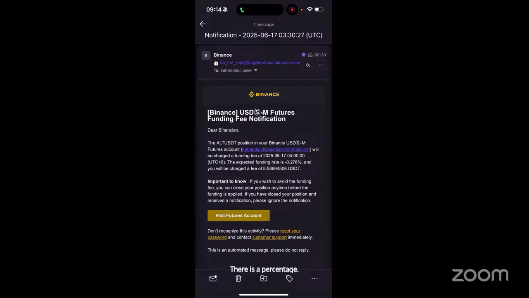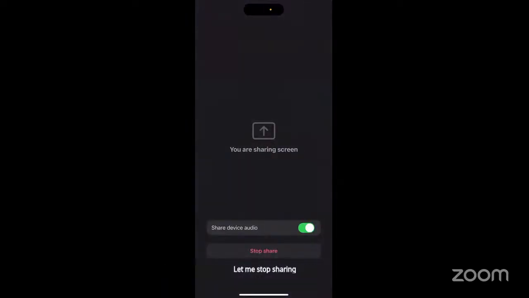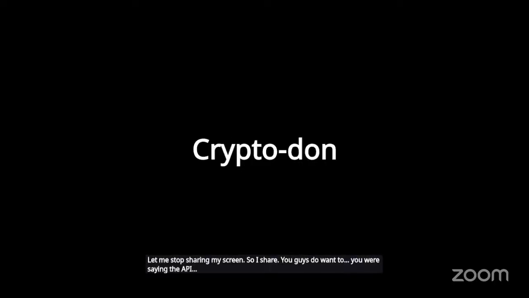If you have issues with the API binding, delete the API and do it again. The API will not accept. Delete the API and do it over again. Let me stop sharing my screen. You guys are saying API, please delete your API and do it again. The API binding, you must redo.